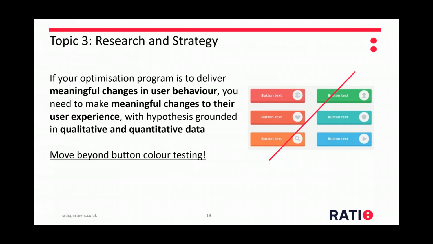The thing I would encourage you to keep in mind is that you want your optimization program, and any given test that you launch, to have a meaningful result. You want to make a meaningful impact to the percentage of users that are converting, or the percentage of users that are completing a particular funnel step, or signing up to your email form, or whatever it is. Well, I take it back a step actually.